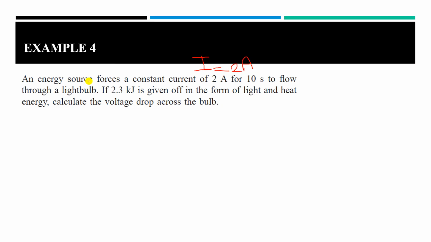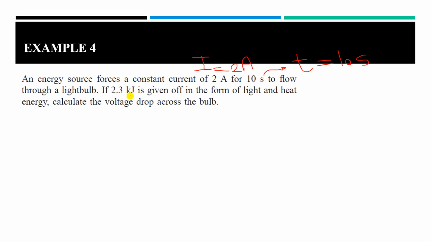The energy source, for example a battery, gives a current of 2 amperes for a time equal to 10 seconds, to flow through a light bulb.